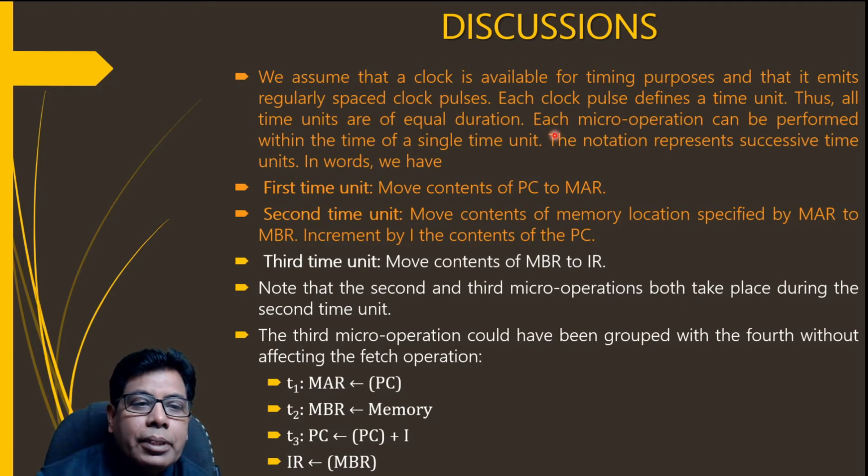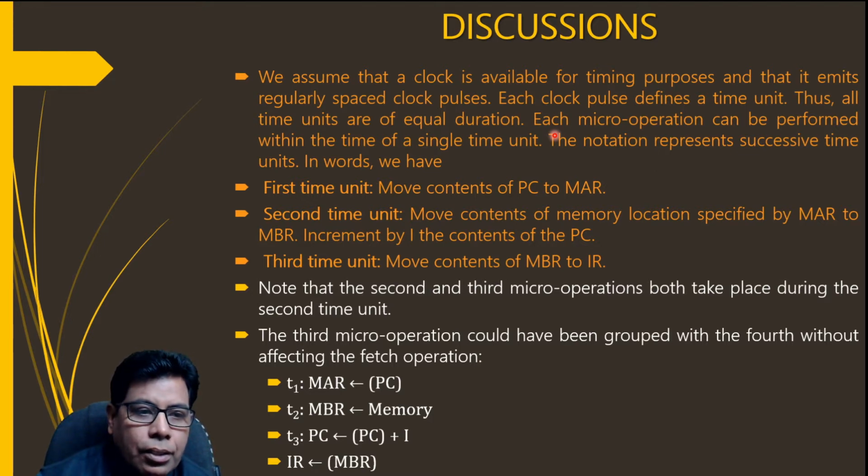So the PC will be incremented by maybe 2, 1 depending on the instruction. And during the third time unit, that is T3, move the contents of MBR to IR, memory buffer register to the instruction register. So these are the operations carried out.